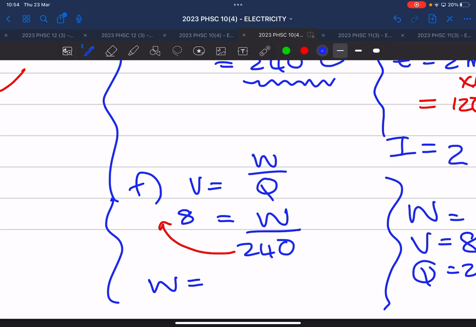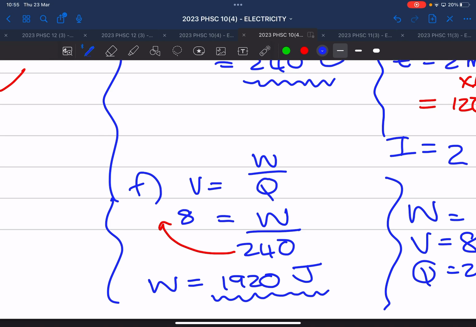Can you do it in your head? And the unit for work? Joules. Not G. J.